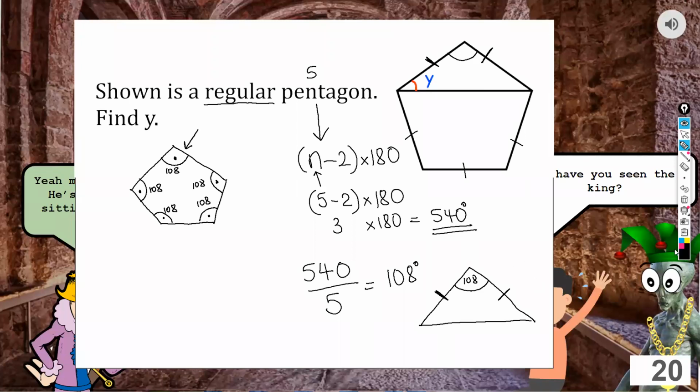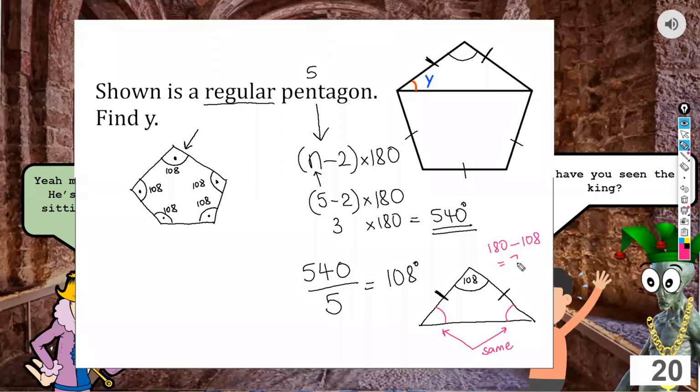And what do we know about an isosceles triangle? We did this on the first day of class. Here's the vertex angle, but these two angles here, both of them will be the same. So remember, all the angles in a triangle add up to 180. So to find one of these angles, we take 180 minus the 108.